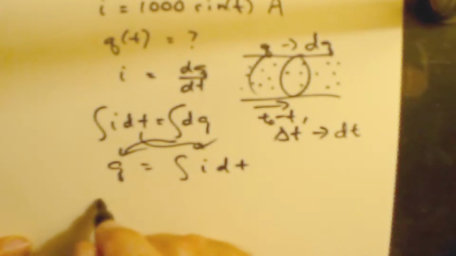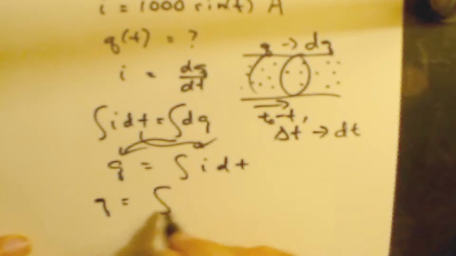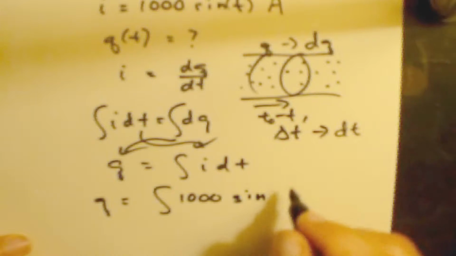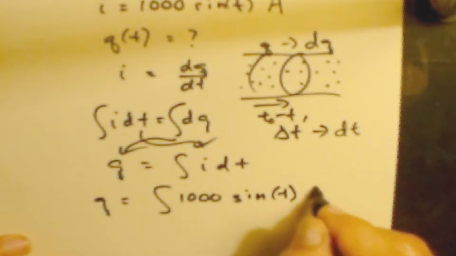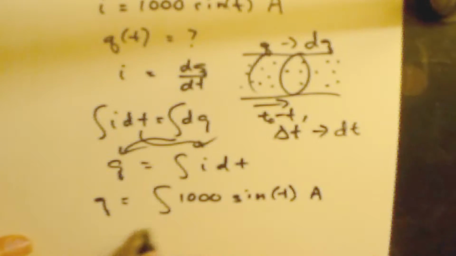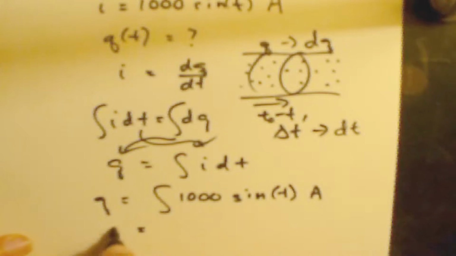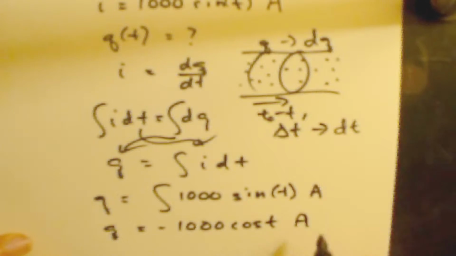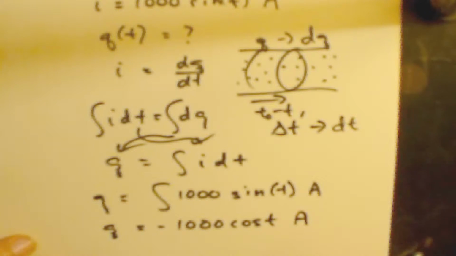So we write Q is equal to the integral of 1000 sine T in amperes. The 1000 can come out. The integral of sine is minus the cosine. This comes out to Q equals minus 1000 cosine T. And that is going to be not in amperes, but in coulombs.